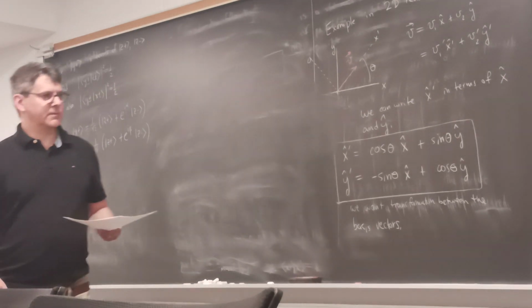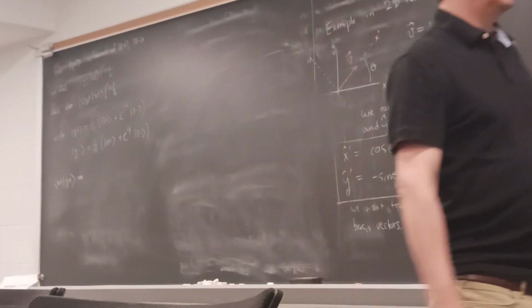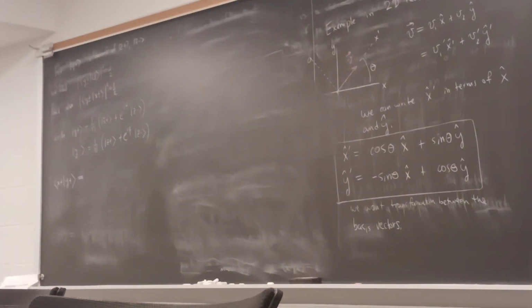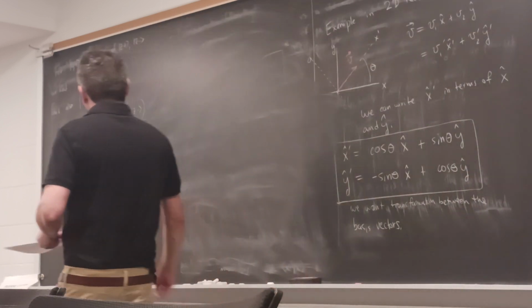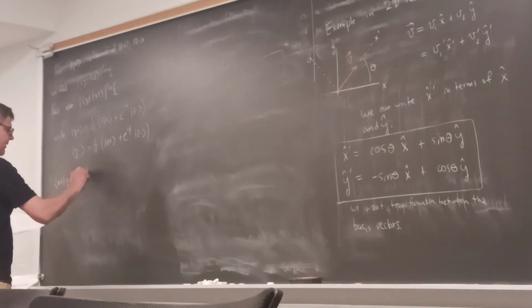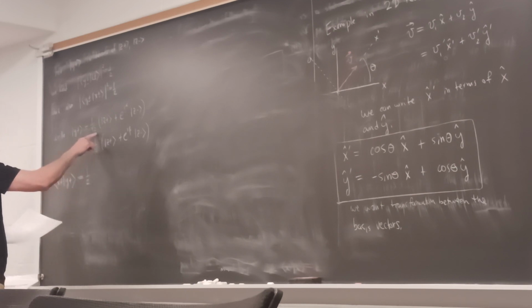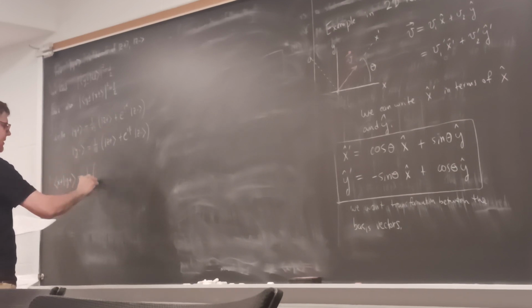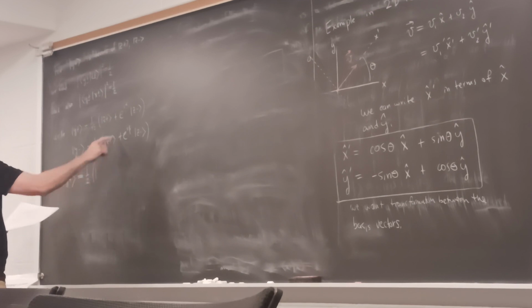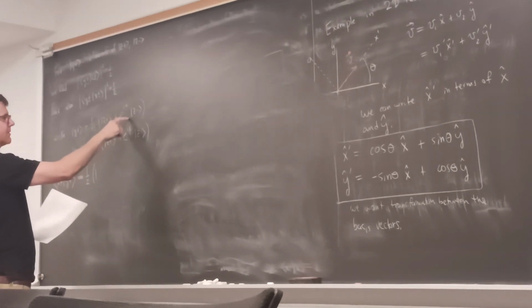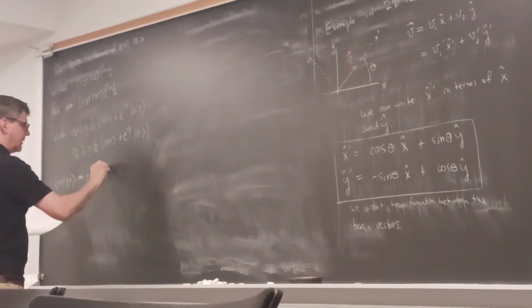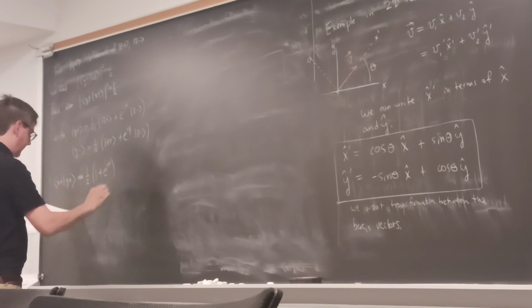X plus is just z plus plus z minus with the 1 over square root of 2, so it's pretty straightforward there. So we'll get the half because we've got a factor of 1 over the square root of 2 from both of those. The z plus will just give me 1. And then the z minus is going to hit this and just give me 1 plus e to the i alpha.